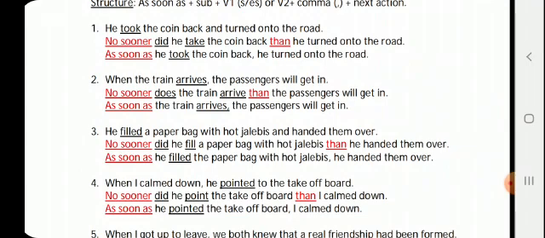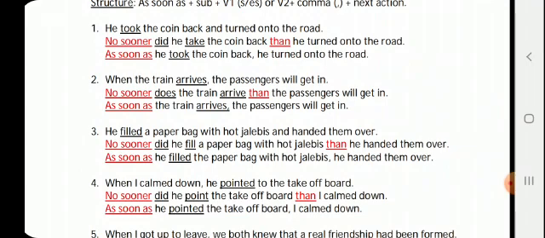Then took becomes take, and then we've added the compulsory word than, T-H-A-N, not T-H-E-N. You need to remember that. And then the next action, he turned onto the road. So, no sooner did he take the coin back than he turned onto the road.